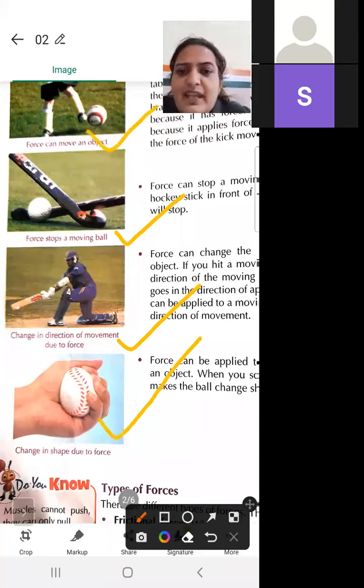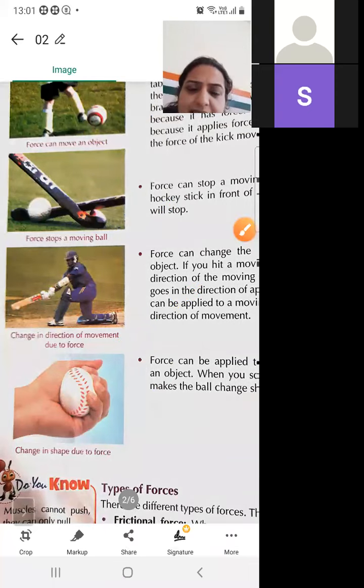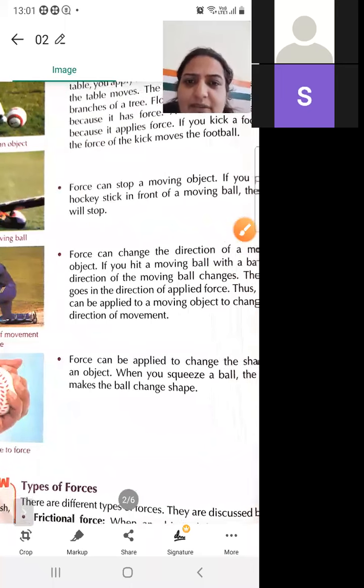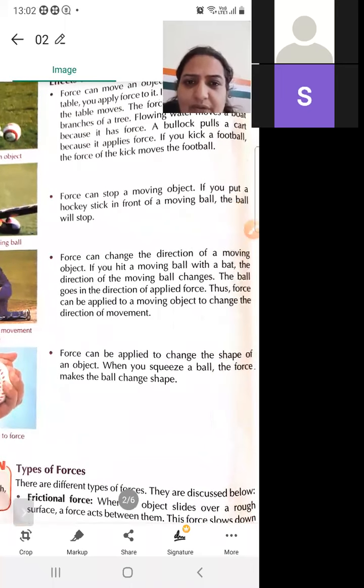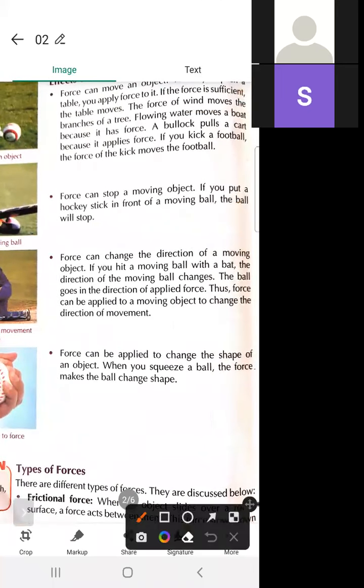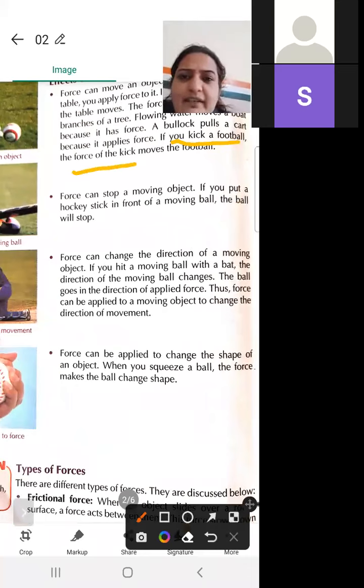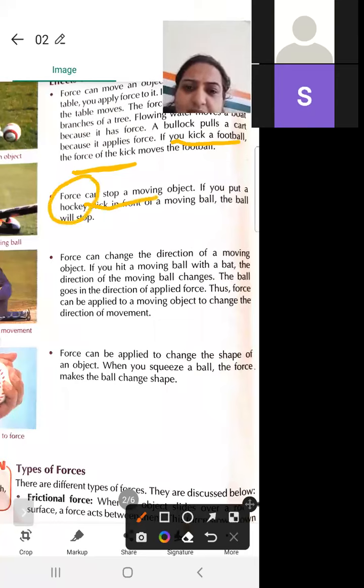If you are kicking a football, what is required? Force. If you want to stop an object, what is required? Force. If you want to change the direction, what is required? Force.